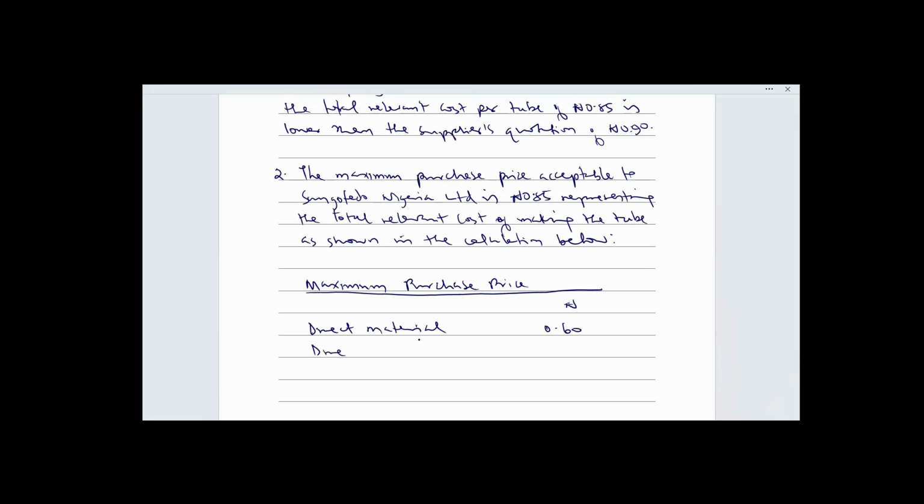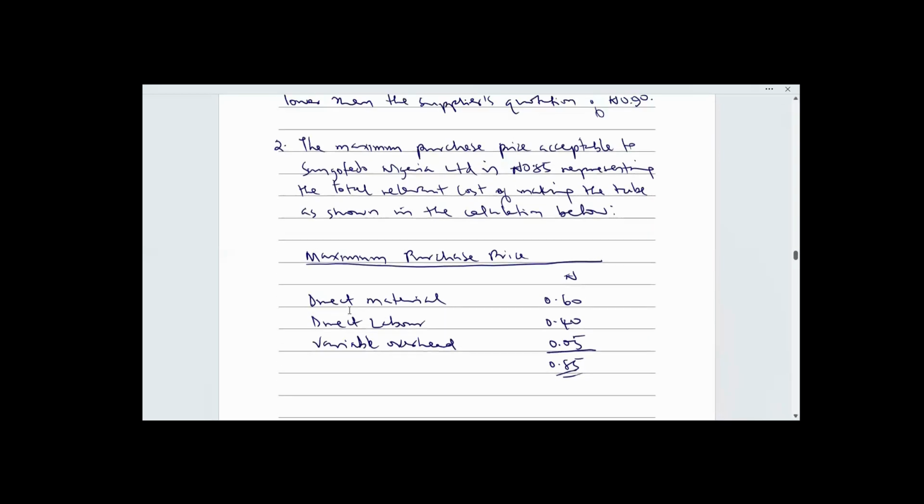Direct labor, 40 kobo. Variable overhead, 5 kobo. When you add up, 0.85, that's it. So let's move on to the next one.